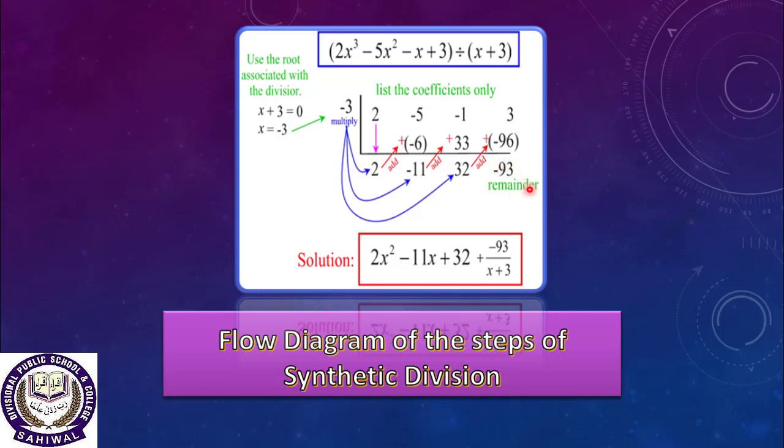Since this term is the last term, this is the remainder. So the first terms, 2, -11 and 32, mean 2x square minus 11x plus 32 gives us the quotient of the polynomial, and -93 is the remainder. We can write it as 2x square minus 11x plus 32 plus -93 over x plus 3.